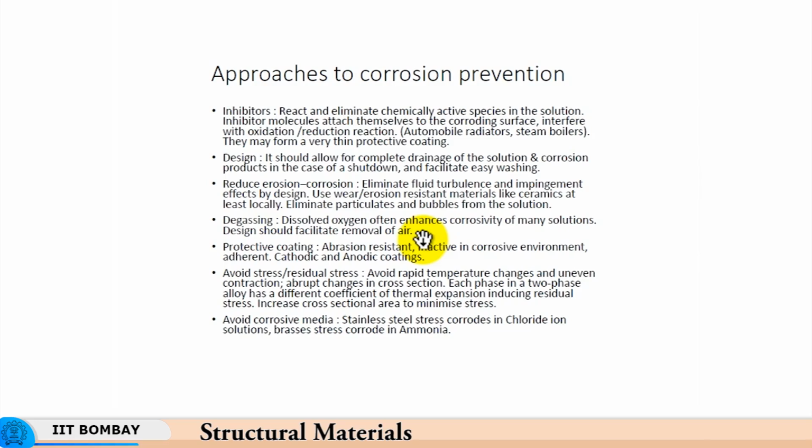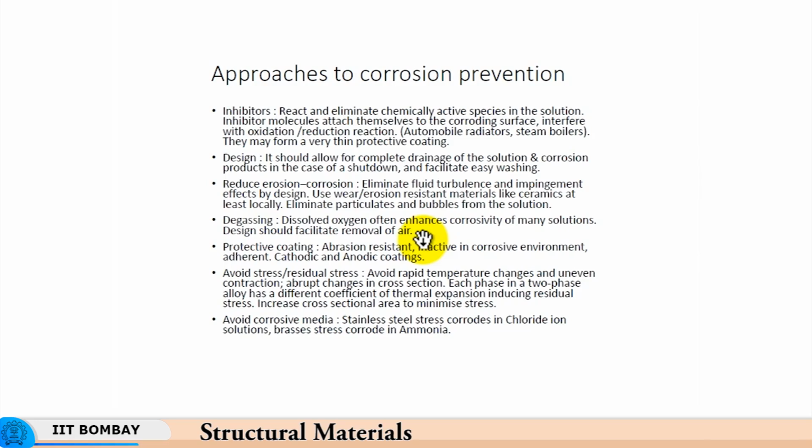One is it gives you some extra material, so that even if there is corrosion taking place, still the stress is well below the design stress, and the rate of corrosion itself is relatively small, the stress being very small. So, it is important that we avoid the stress, and even for the residual stress, you anneal the material, for example, and work with that.